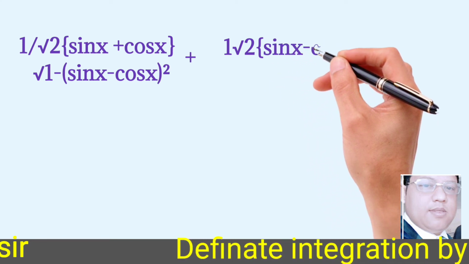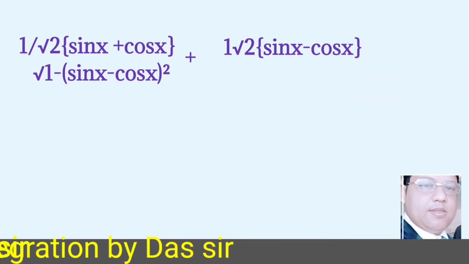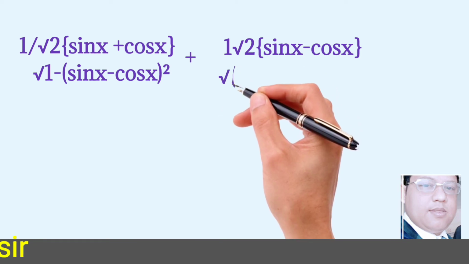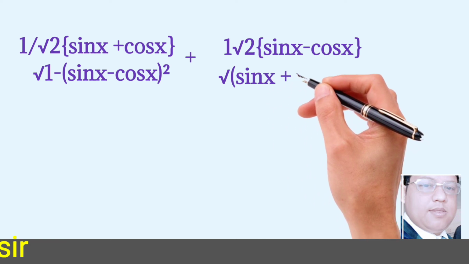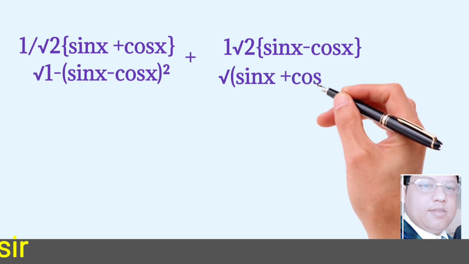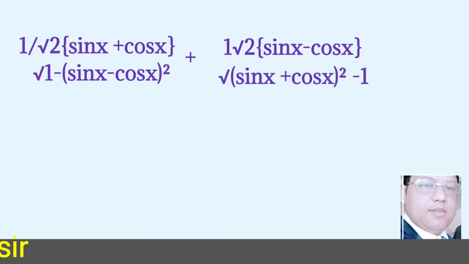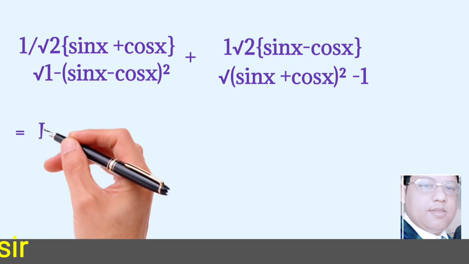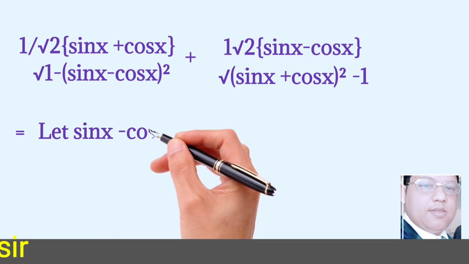Next, for the second part, 1 upon square root of 2 sin x minus cos x, and the denominator can be written as square root of sin x plus cos x whole square minus 1, because if the numerator is plus, then the denominator should be minus. The opposite sign should always be written as the opposite sign.